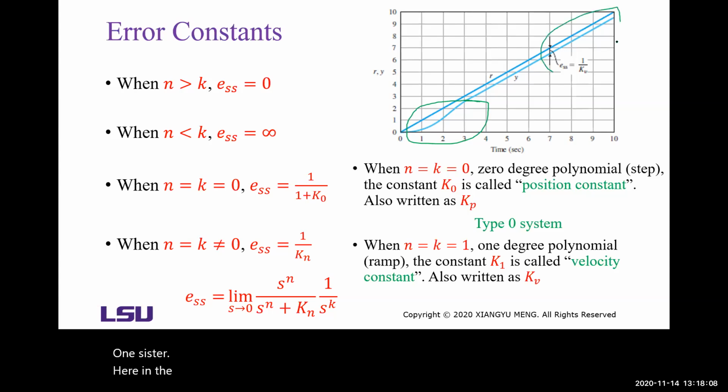Here, the steady state response. You can see the constant steady state tracking error is 1 over K_v. When n is 1, it is a type 1 system.